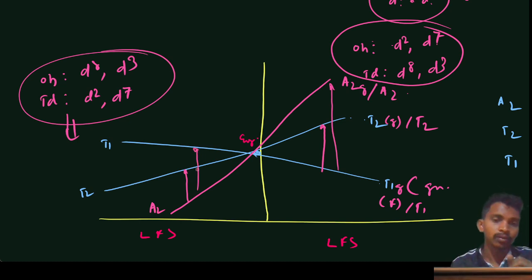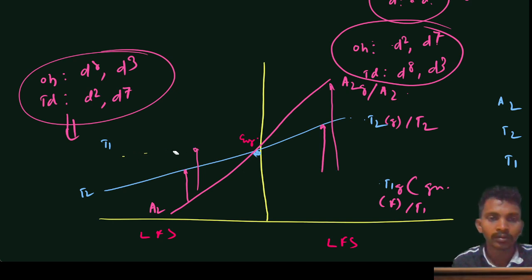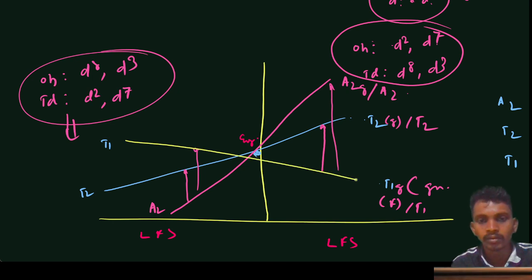So here you see one more thing, that excited states will come from here. This is the T1.